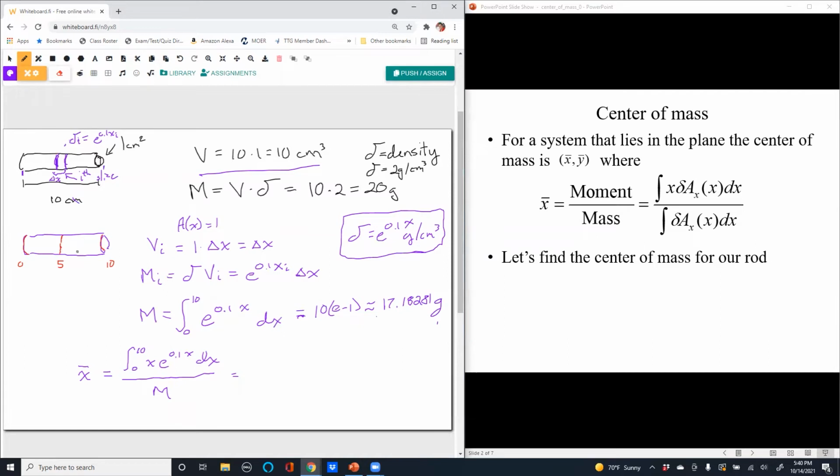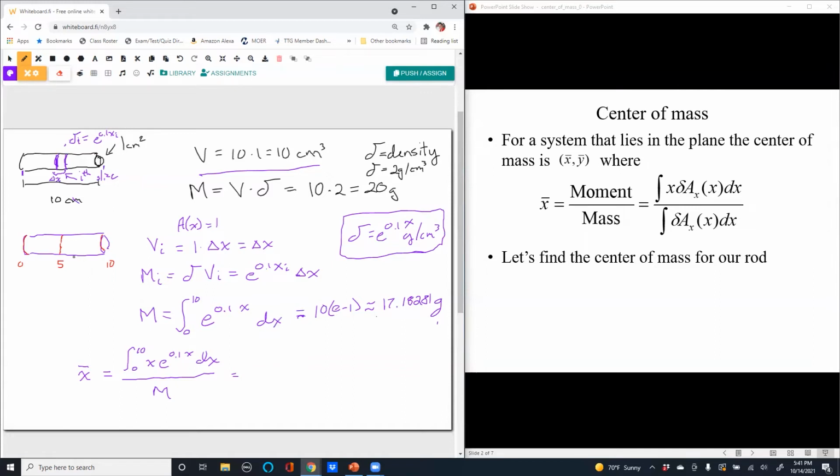So the question is, should the center of mass be over here, or should it be over here? What do you guys think? And think about what it means to have an increasing density. That means it's more dense over here on the right side of the rod than on the left side. So in order to balance this thing, let's say you had to balance this rod on your finger.